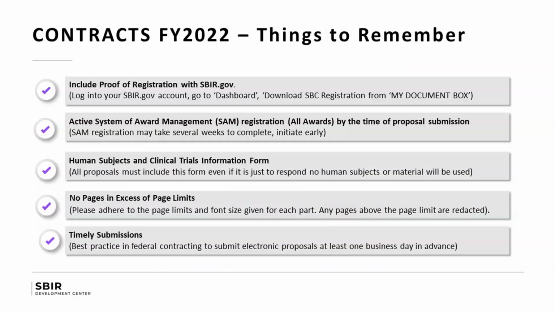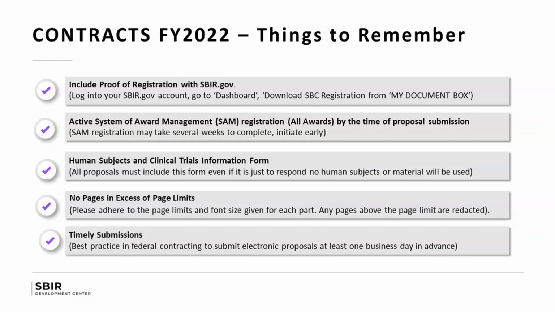So before I go into the actual contract topics, there are a few things to remember. First of all, submit the proposal on time, which is not 5 minutes before the deadline. The good practice is to submit your electronic proposal at least 1 business day ahead of time. Include all the required documents.